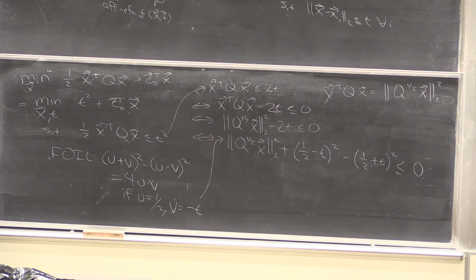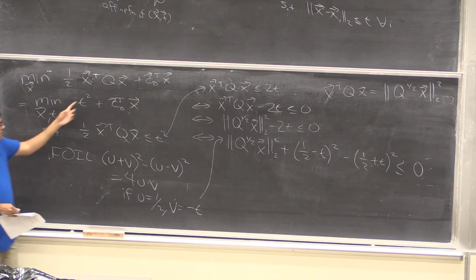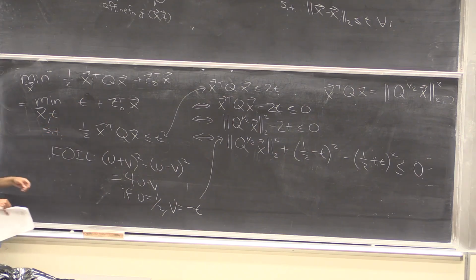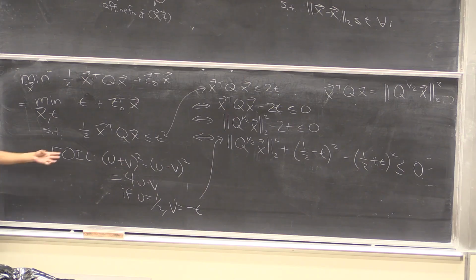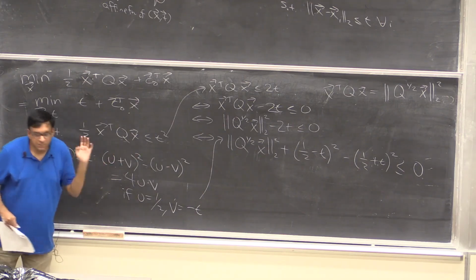Actually, wait. So first of all, if we do this, it's a quadratic objective, right? And so we cannot say that's an SOCP because it's a quadratic objective. But suppose instead that you just had t over here, which seems, at least to me, the reasonable modification to make. Well then, because you have t over here, minimize t plus c0 transpose x, you could drive t to negative infinity, and this thing will go up to infinity.